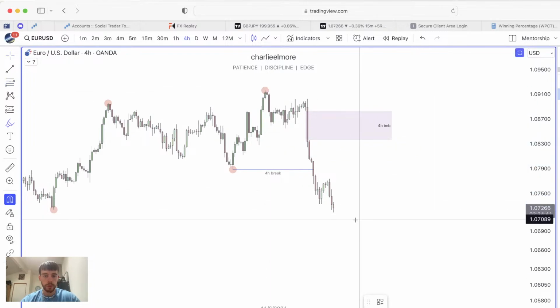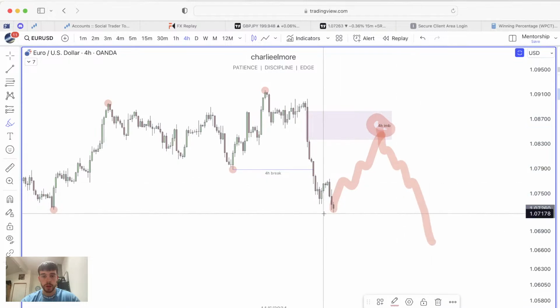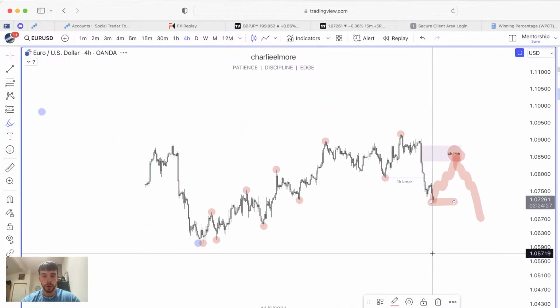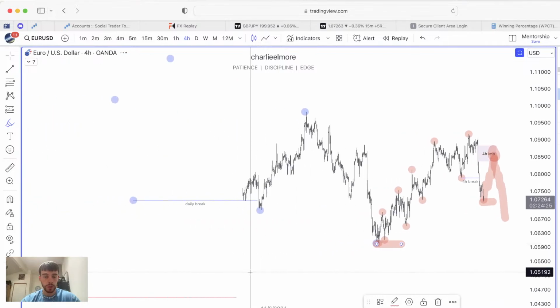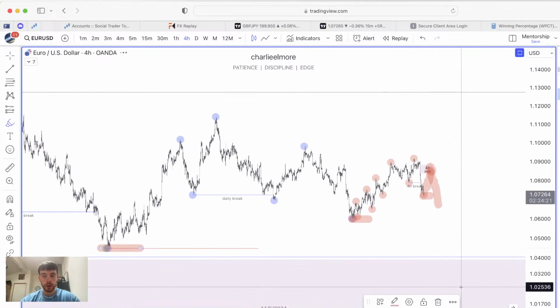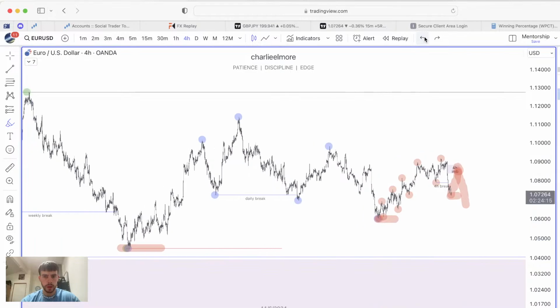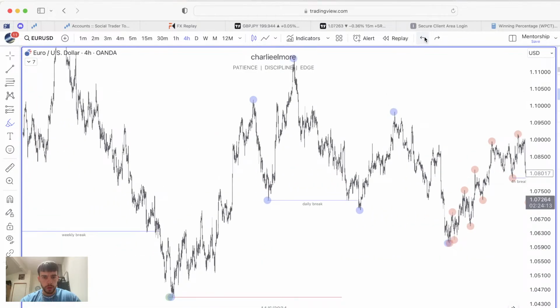So if price decided to trickle back up into here, could be a great opportunity to wait for a 15-minute break of market structure before price continues down to take that hypothetical low, take that low, and then potentially even take that low there to come into this monthly imbalance down here. So that could be a great move. So that's what I'm actually looking for on this, to be honest.